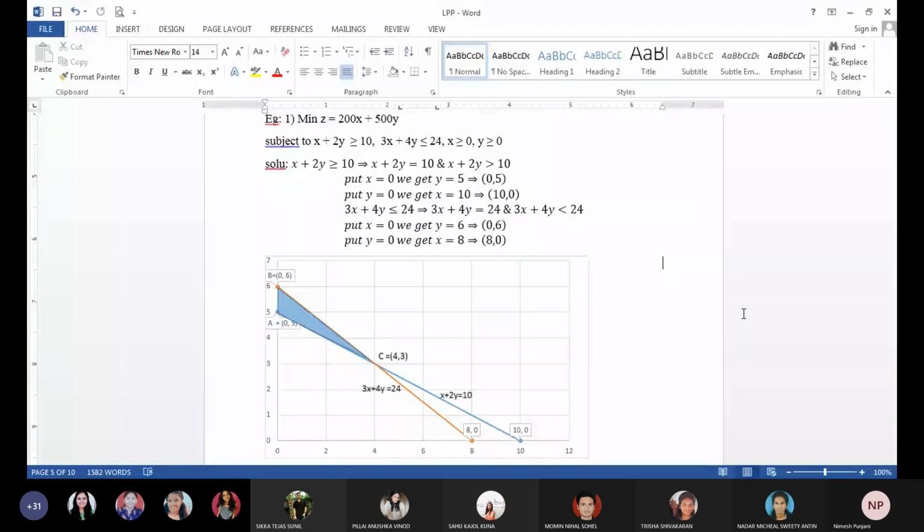Greater than, so except for lines passing through the origin, the region will be above the line. Less than, so the region will be below the line. So the blue line is x plus 2y equals to 10, where it is greater than, so the region will be above the line.